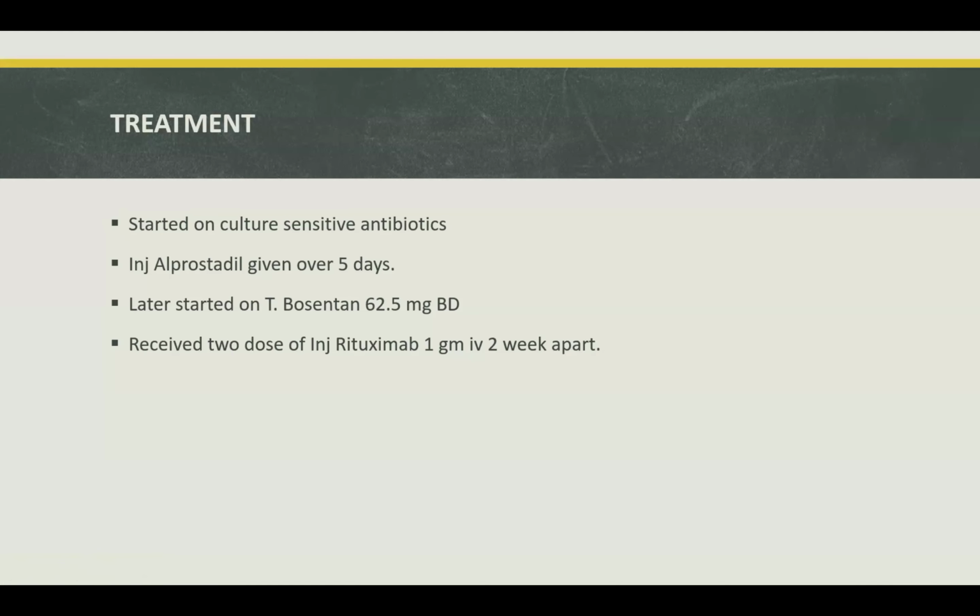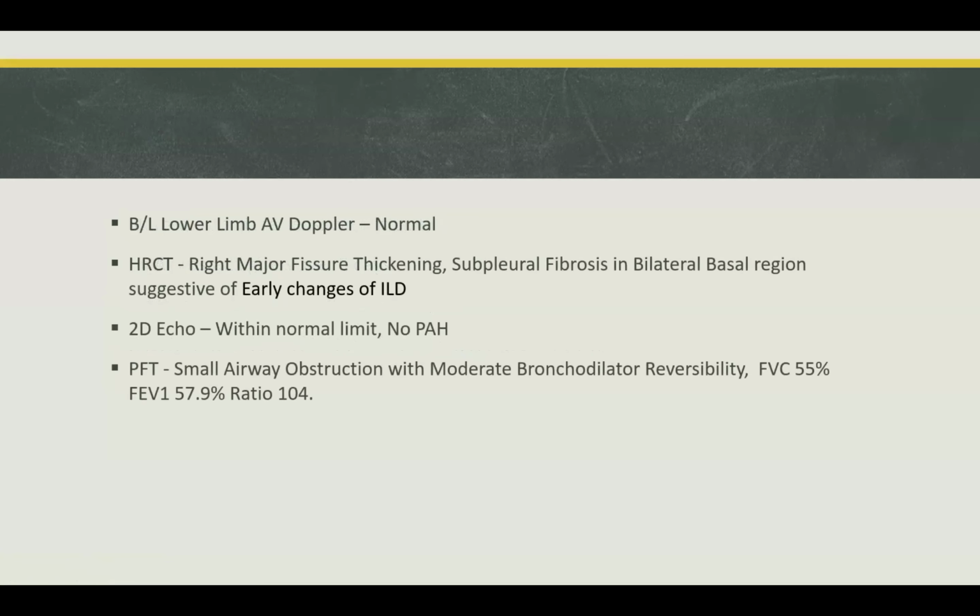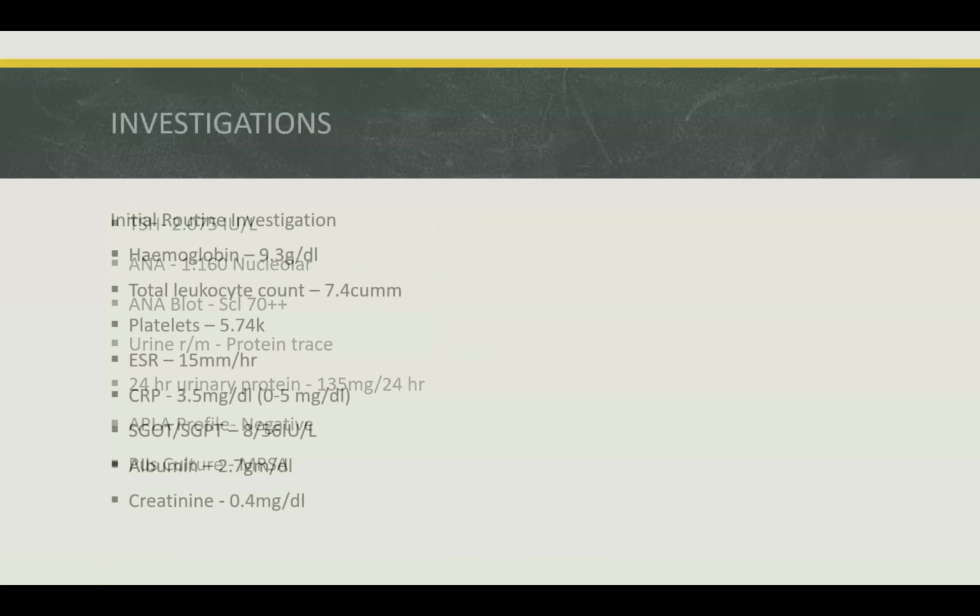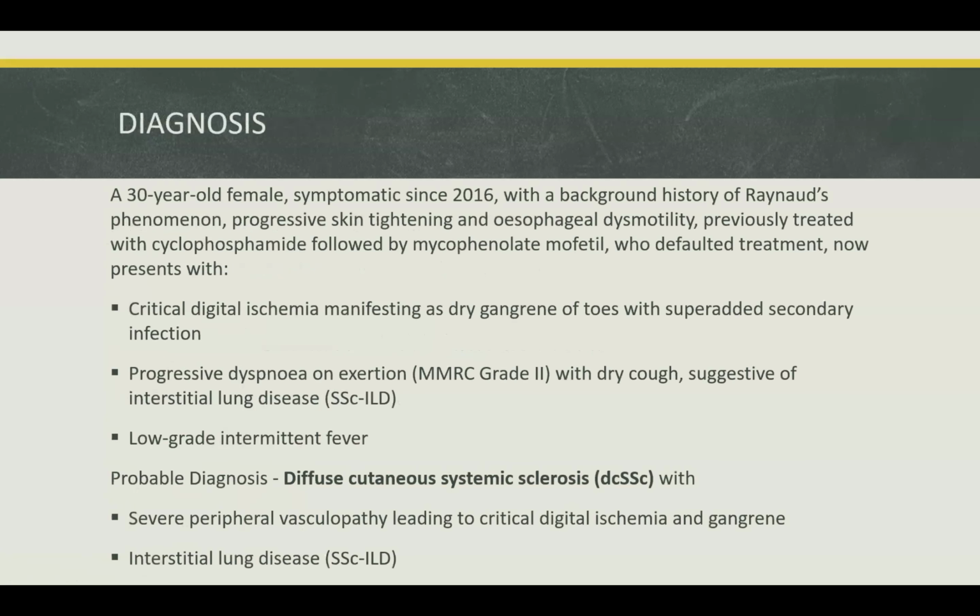Even I would request others, sir, also to ask some questions. So I'll just revise the final diagnosis. The final diagnosis in scleroderma should have some more of the severity part also. It will be better if we can score the skin and write the Rodnan score there.